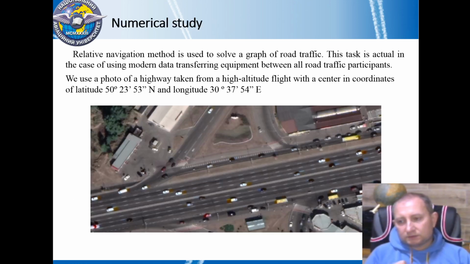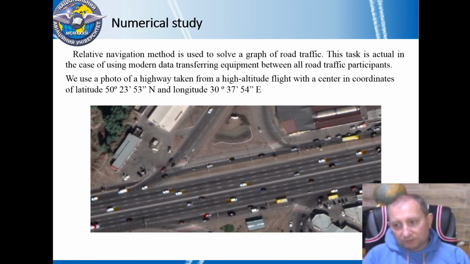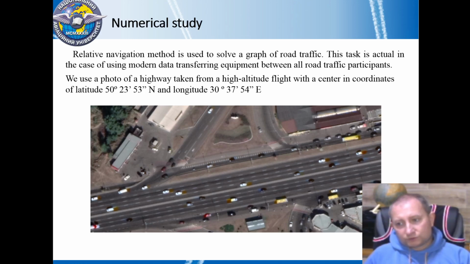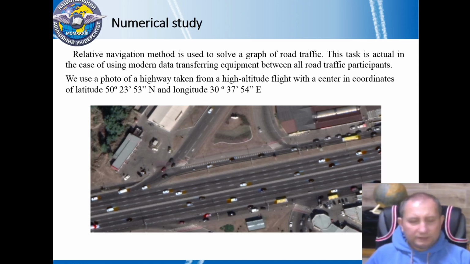Let's see some example. The cooperative navigation method is used to solve a graph of road traffic. This task is actual in the case of using modern data transferring equipment between all road traffic participants. And in this case, we use just computer simulation.